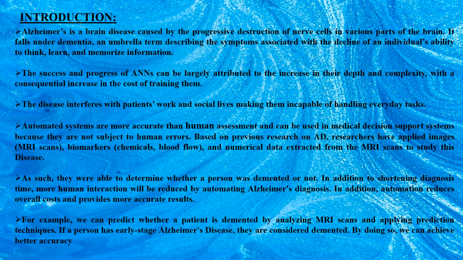For example, we can predict whether a patient is demented by analyzing MRI scans and applying a prediction technique. If a person has early stage Alzheimer's disease, they are considered demented. By doing so, we can achieve better accuracy. So, to brief the introduction, Alzheimer's is a brain disease which will be automated by using MRI scans, and it will be detected through a machine learning process by giving the dataset of MRI scans.